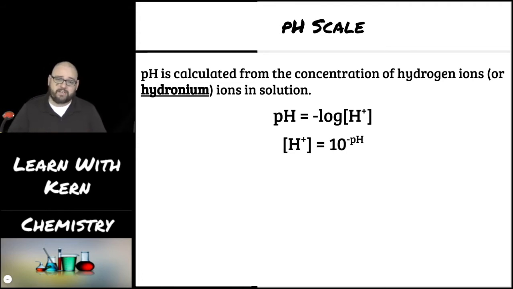So if we want to find the hydrogen ion concentration, the brackets around the H+, that's going to equal 10 raised to the negative pH. So it's a negative logarithmic scale. So pH is the negative log of your hydrogen ion concentration, and your hydrogen ion concentration is 10 to the negative pH. Those negatives are very important, so make sure you don't forget them.